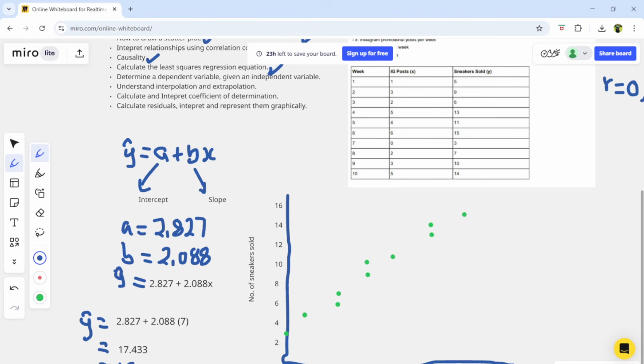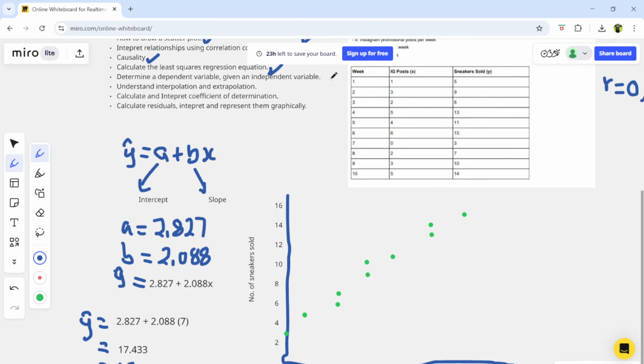So that is how you determine a dependent variable given an independent variable. So that is simply how you can do that. So basically we use the least squares regression to predict how much we're going to sell given how much we post in this example. So we determine the value of y given the value of x.